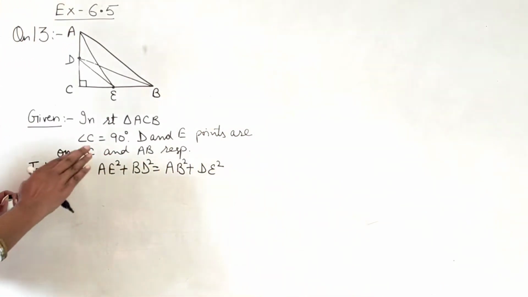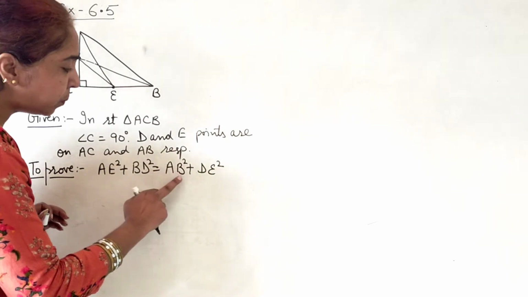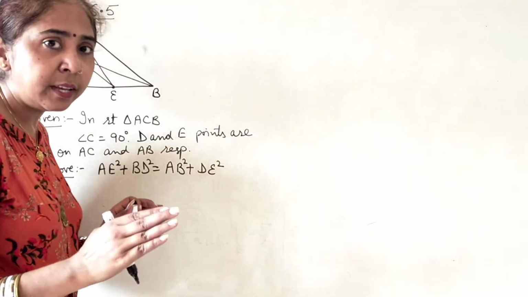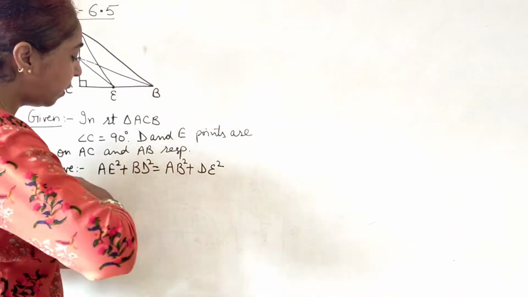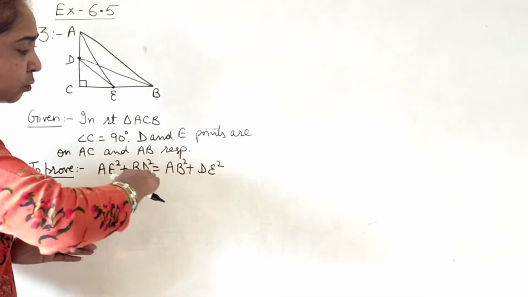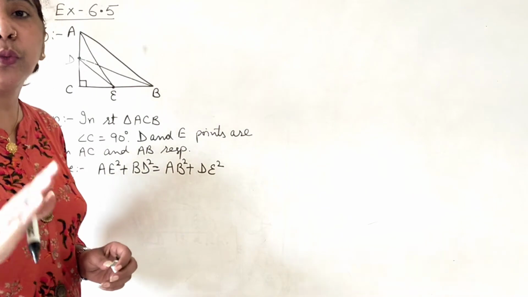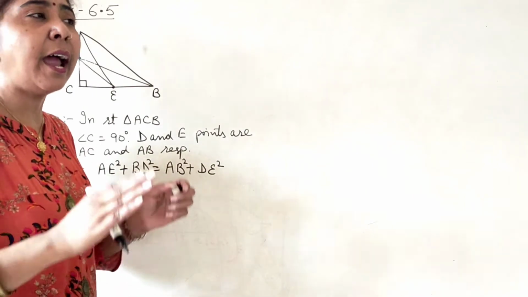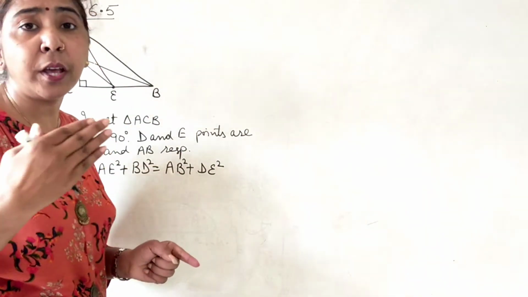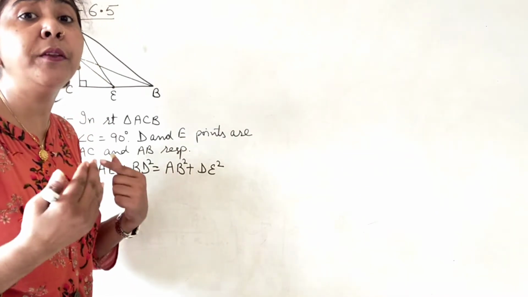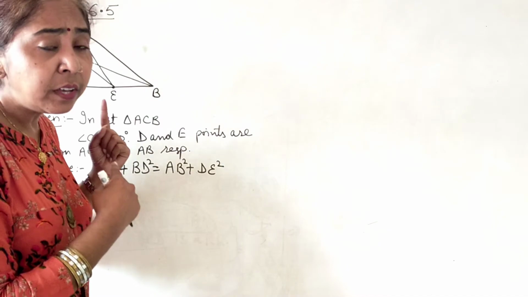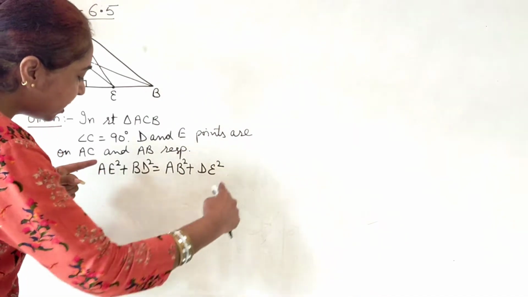Now, I told you earlier also, if you observe so many squares in a question that you have to prove, you have to do that question with Pythagoras, and for applying Pythagoras you should have an angle of 90 degrees. Just search out in which triangles you have 90 degrees and these sides.